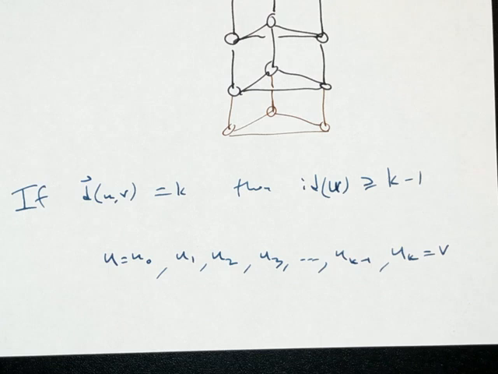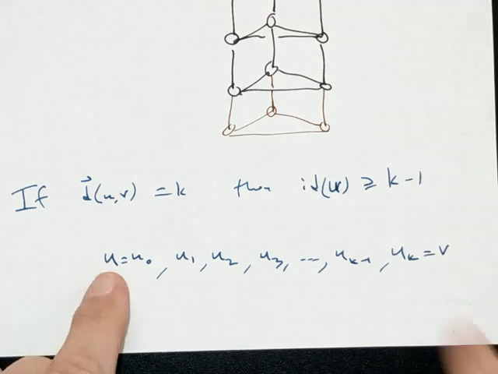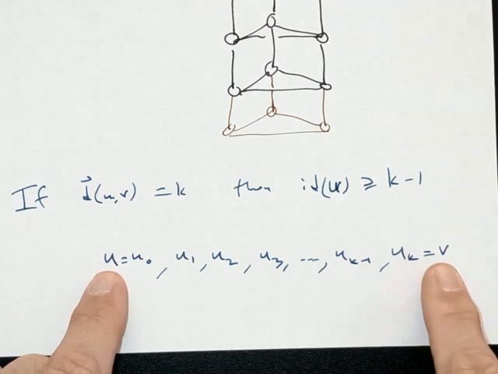Aha. I am 100% sure that there cannot be a direct arc from u to v. Why do I know that's true? That would then be the shortest path. It would be of length 1, and we know the distance is k.